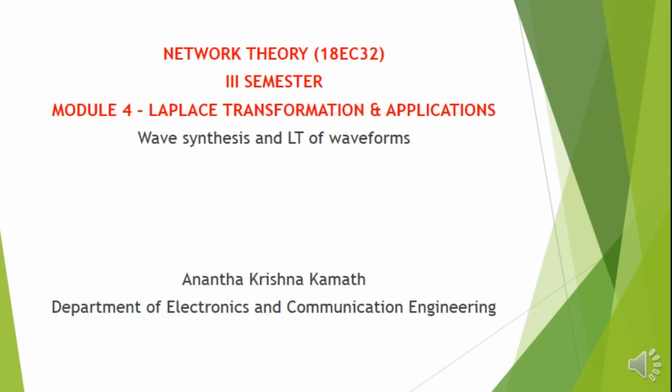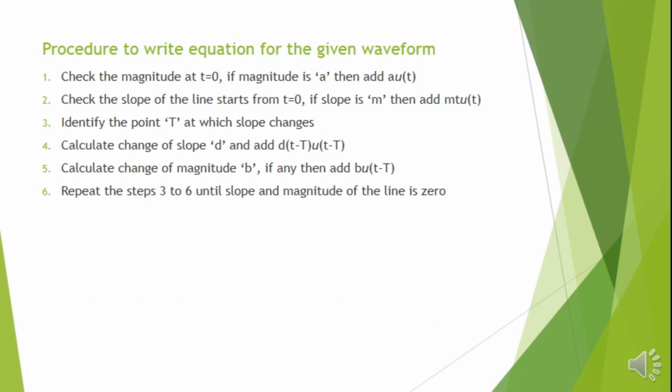Then only we can take the Laplace transform. So first step is, for the given waveform, we need to write the mathematical equation. So first, the procedure to write the equation for the given waveform.